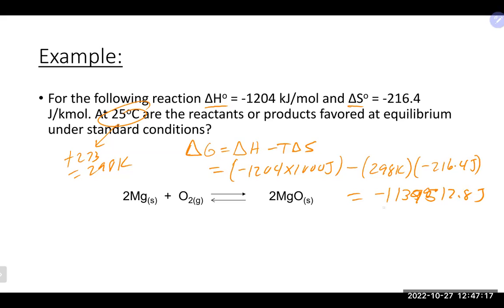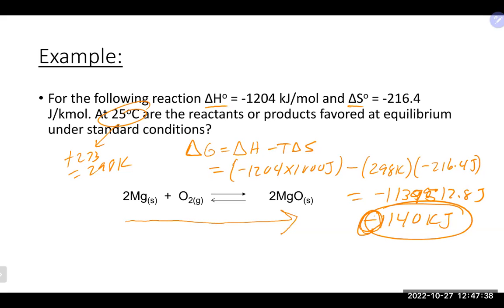So maybe like 1140 kilojoules, give or take. Products or reactants favored here? This is negative, which means the reaction is going to be spontaneous. And if it's spontaneous, it should be heading in this direction, right? Which means products should be favored here.